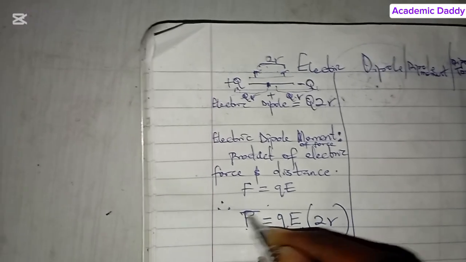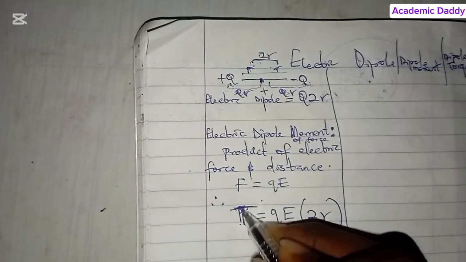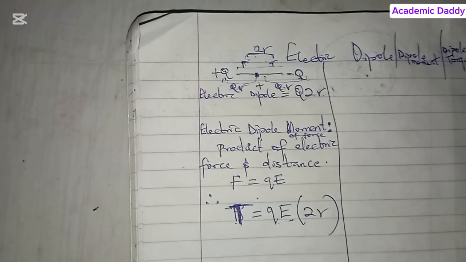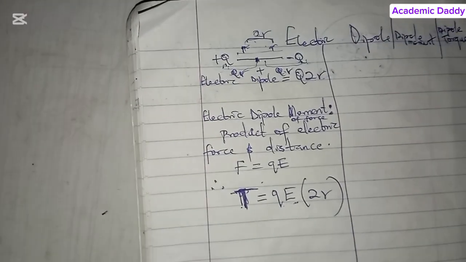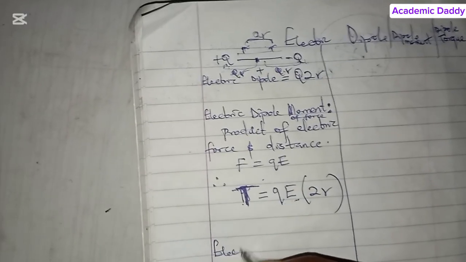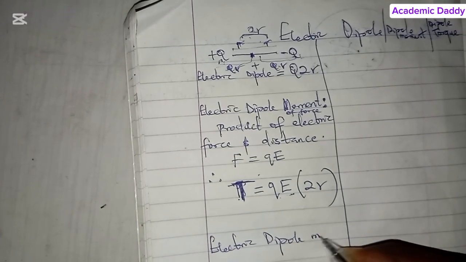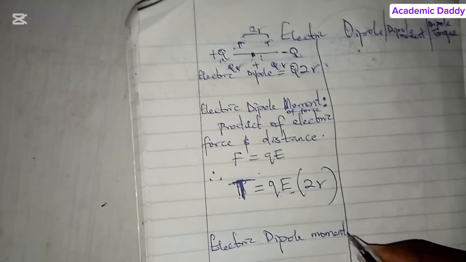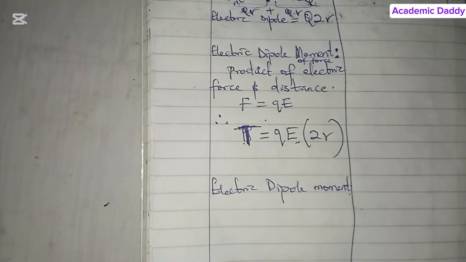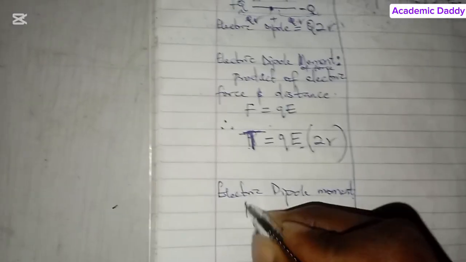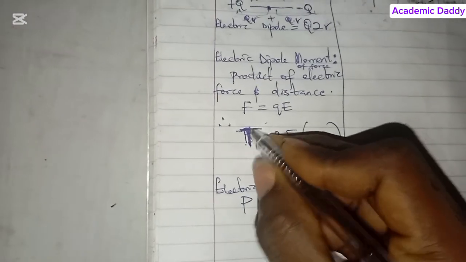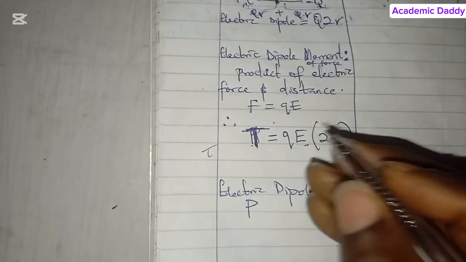That is T equals to this. But if I want to talk about electric dipole moments, that is P. This is torque, which we normally write as something like this.